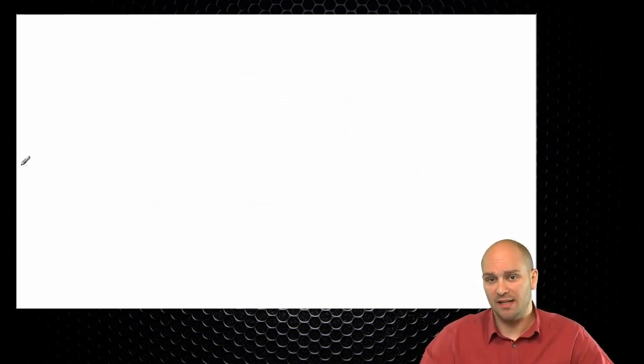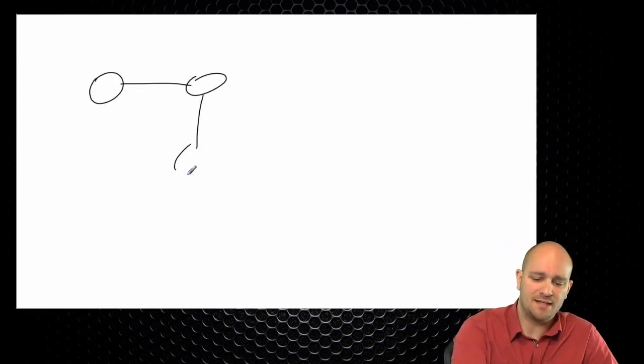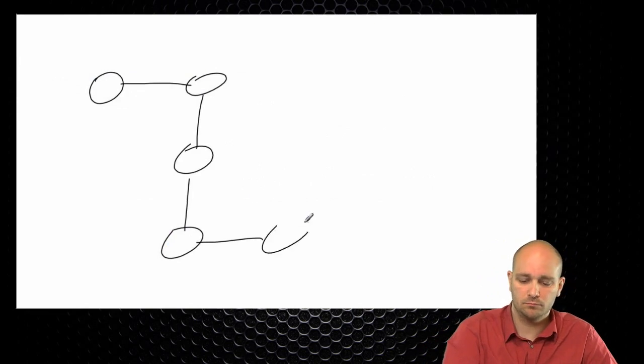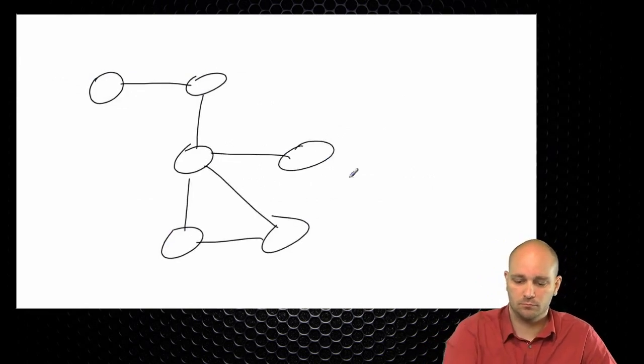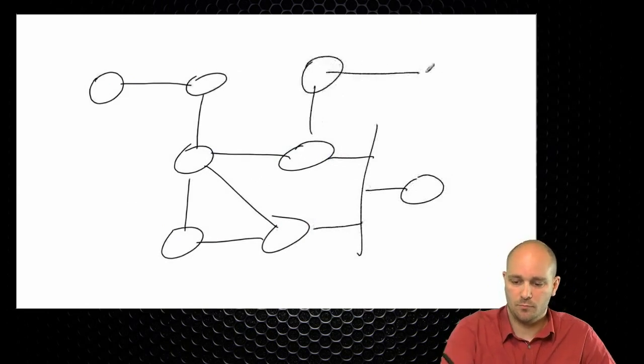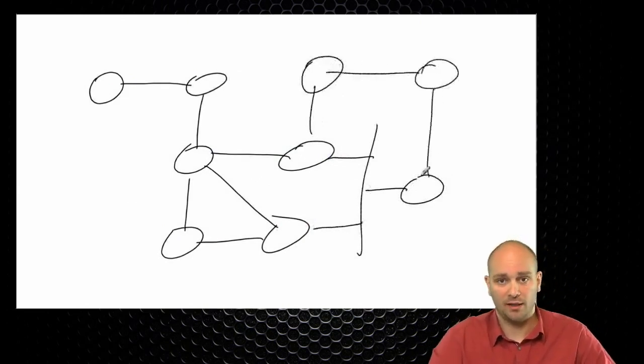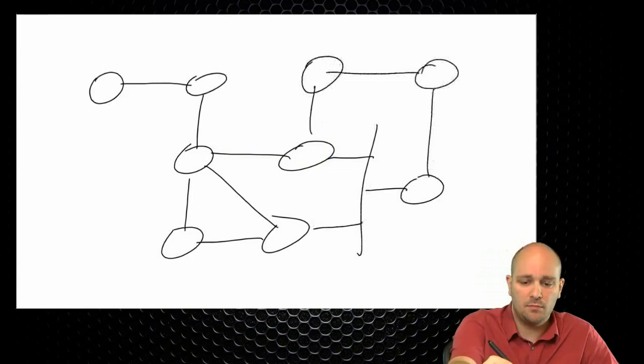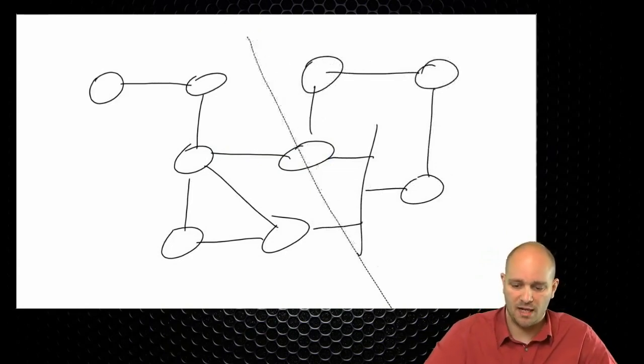Now, to answer this question, what you need to do is you need to simplify the network diagram that you are dealing with. So let's say that you had a network diagram that looked something like this. Now, if you have a network diagram like this, good luck. And let's say that this network really was divided into two parts, like this.